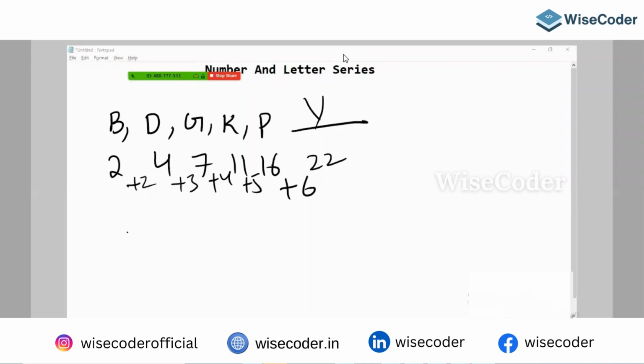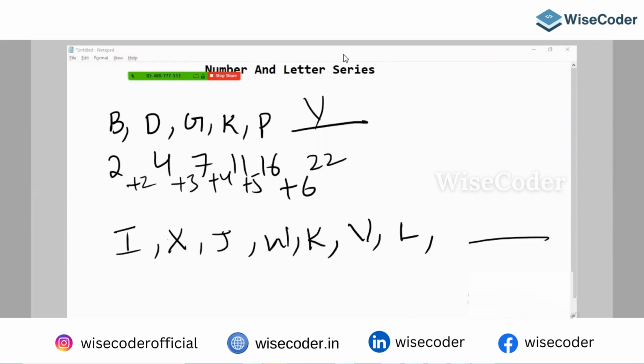If this is a series: I, X, J, W, K, V, L. Write the place positions: 9, 24, 10, 23, 11, 22, and this is 12.